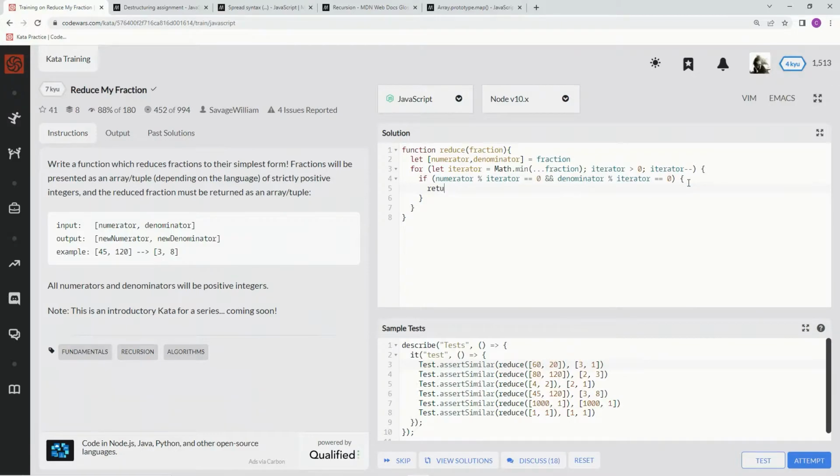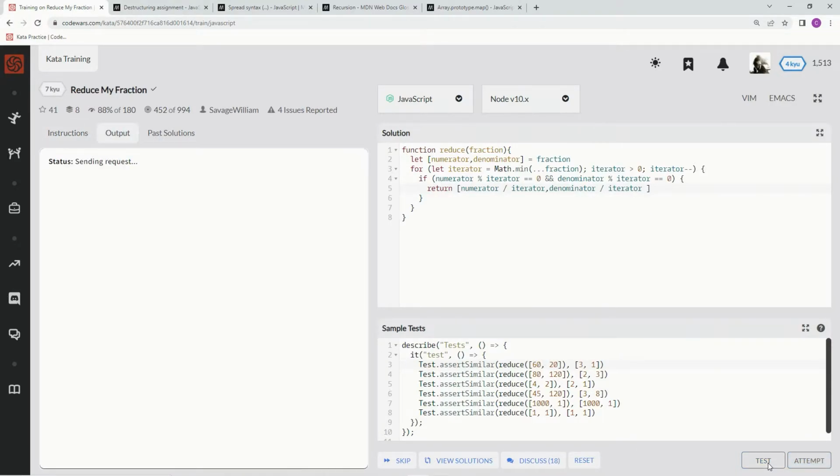We're going to say return, and then we're going to return, in brackets, numerator divided by iterator. I might as well just take this, right? All right, comma, just put that there, take this, and then we're going to turn these into slashes for dividing, all right? And that should equal what we're looking for.